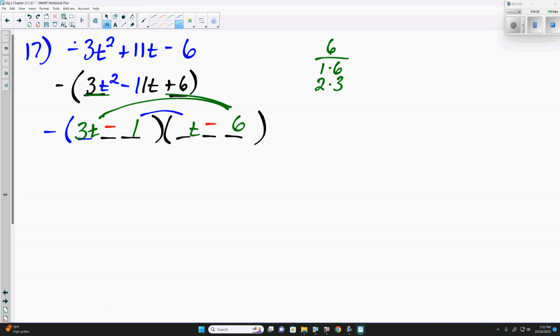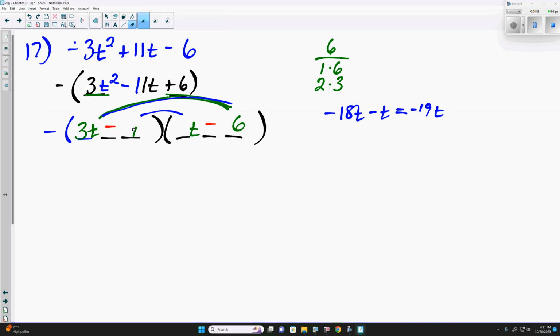I would try that. Now 3t times negative 6 would be negative 18t. Negative 1 times t is negative t, which gives us negative 19t.